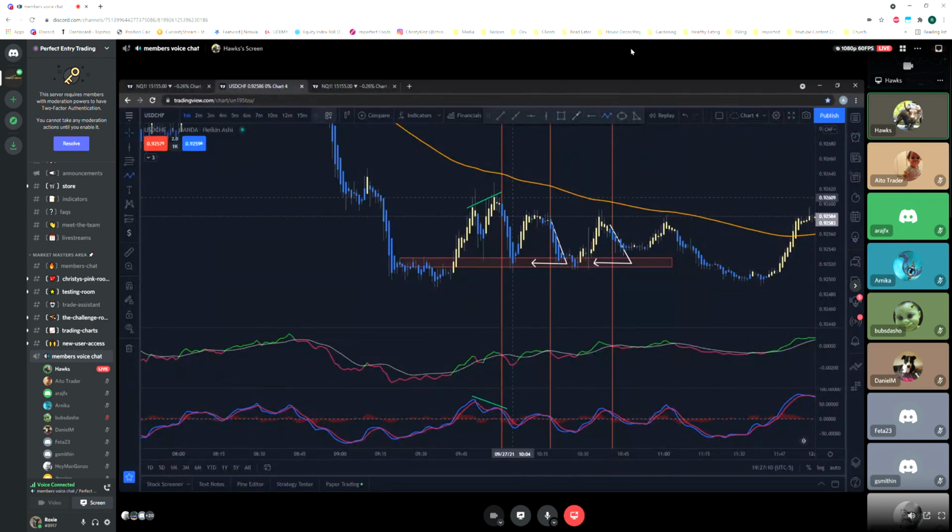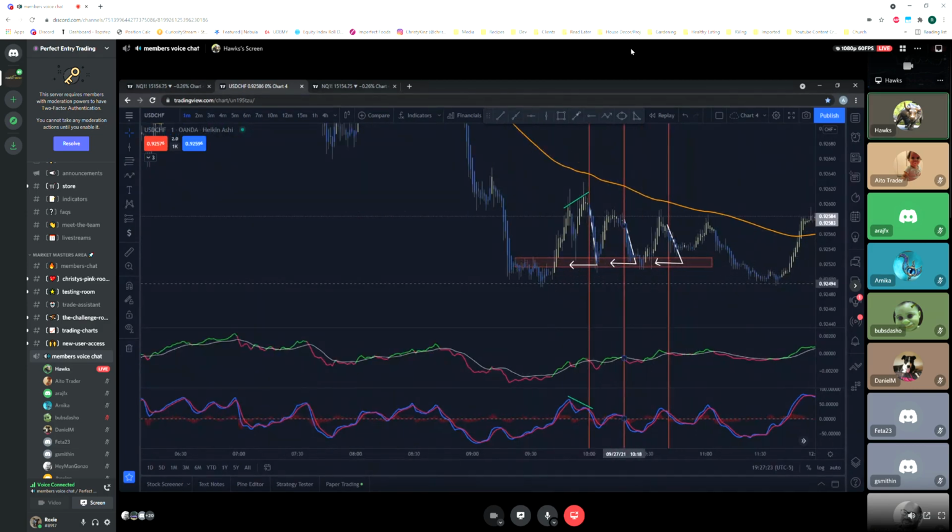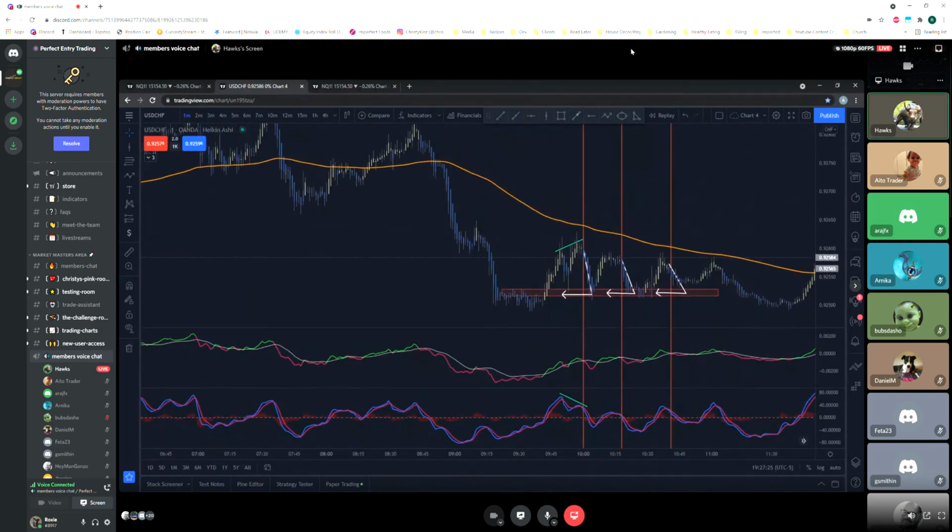Price comes down, I look to the left, and that gives me my area where I'm going to stop right here, because in this case, as you can see, price came down for a very long time and it consolidated right here. But price isn't going to go down forever. At some point, it is going to go up.